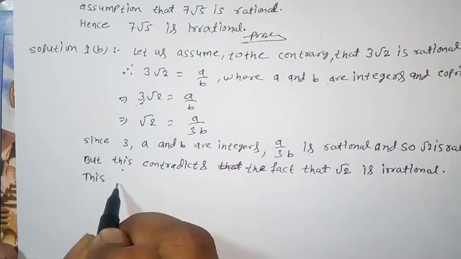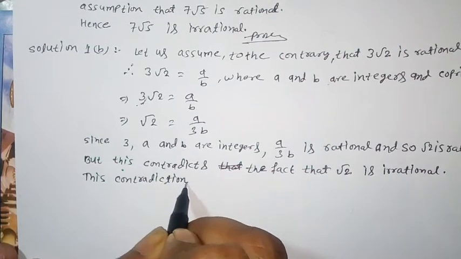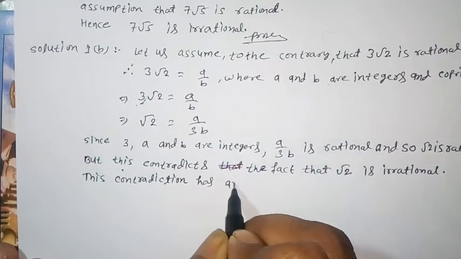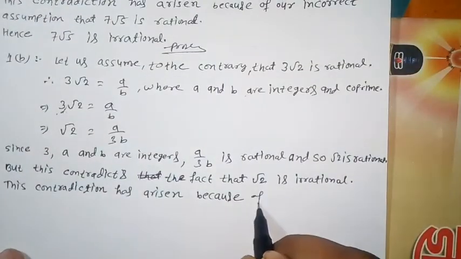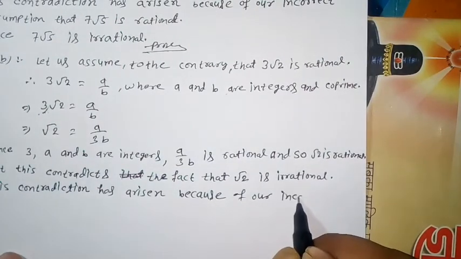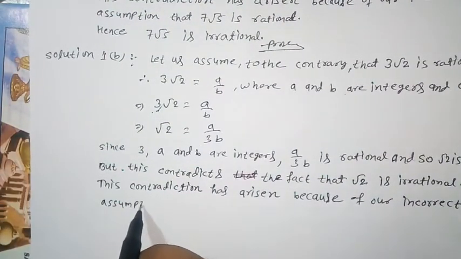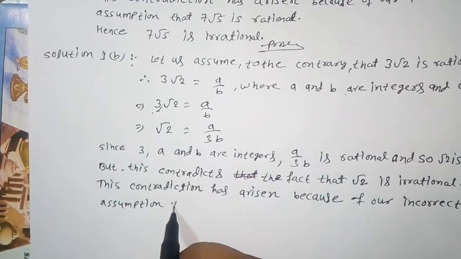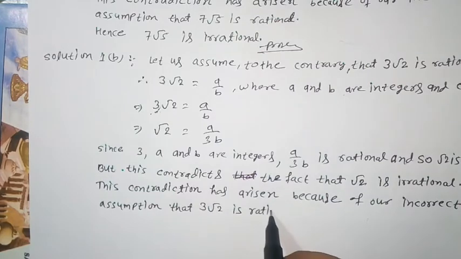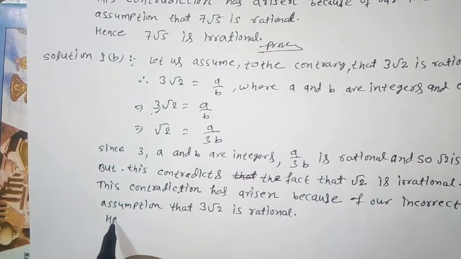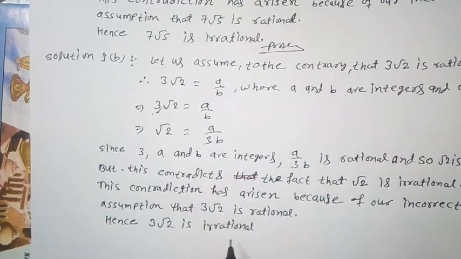This contradiction has a reason: because of our incorrect assumption that 3 root 2 is rational. Hence 3 root 2 is irrational. Proved.